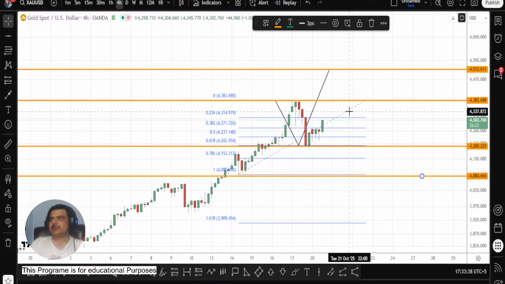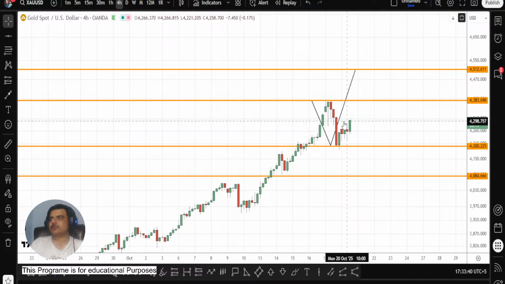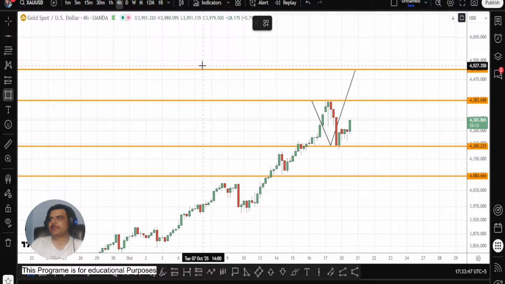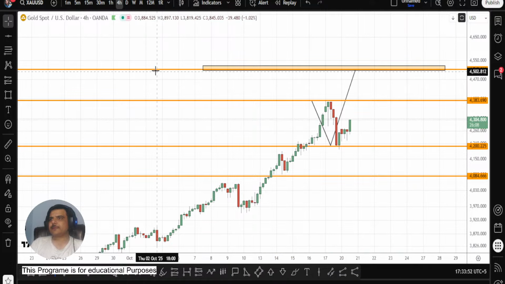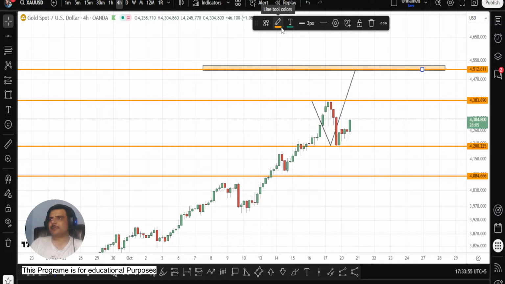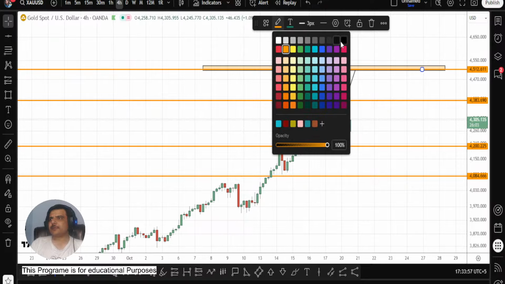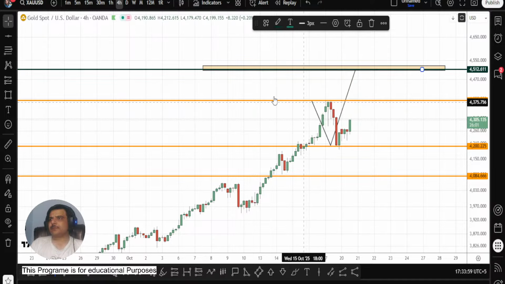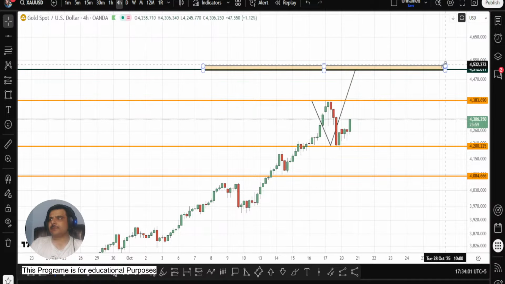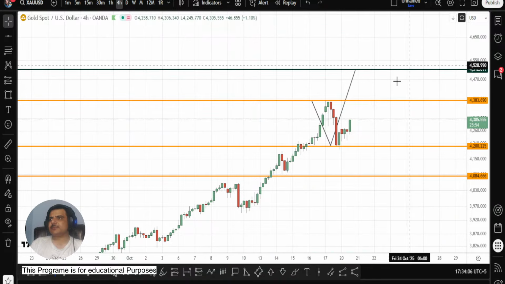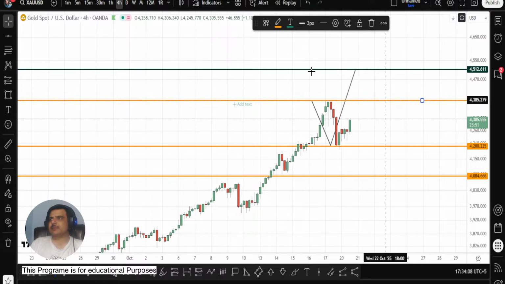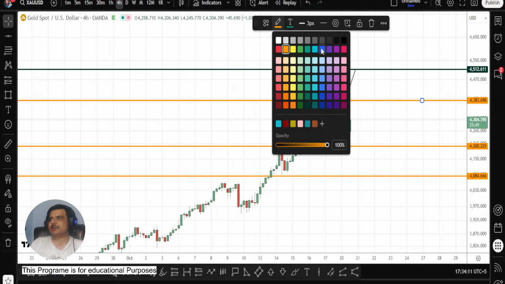And this week, these are very key levels for gold. It suggests this new high. This is the recent high.